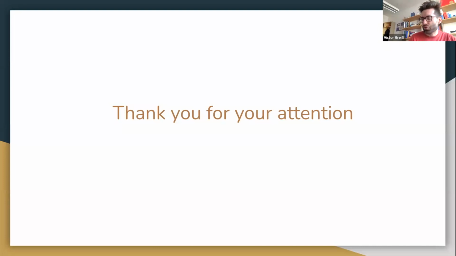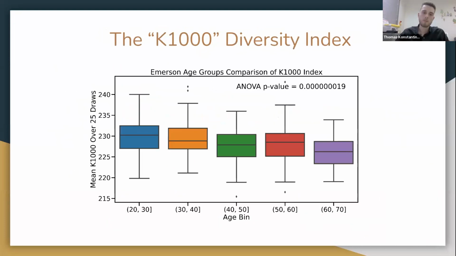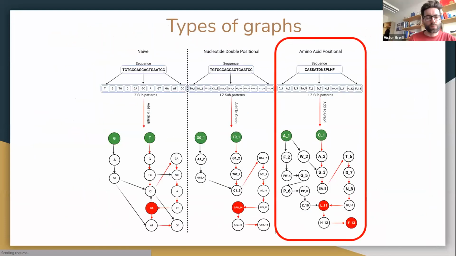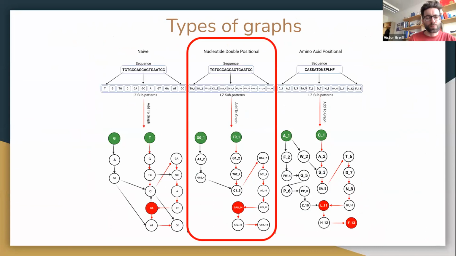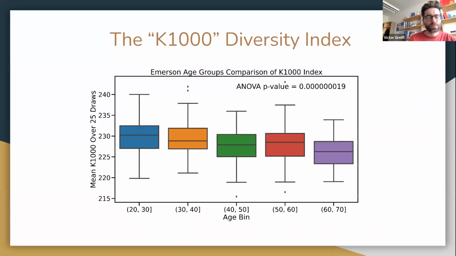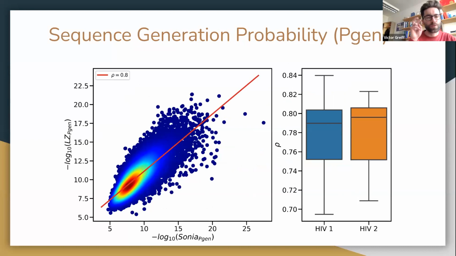And then you showed this graph where you get this 0.82, I think, correlation with Sonia in terms of Pgen. So a bit maybe controversial question, but which do you think is closer to the ground truth, to the biological? So it's a really good question, because intuitively one would think that a model that tries to resemble the biological process itself, right, taking into consideration self-selection, trying to model the probabilities of different VDJ events, right?